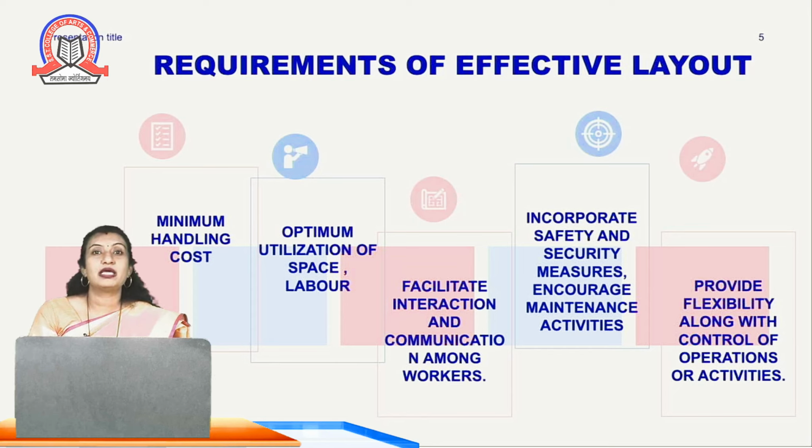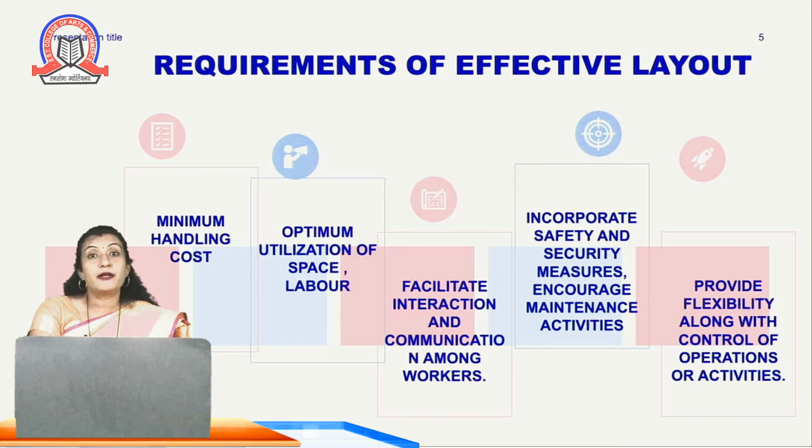In case of any emergency, the workers are able to stop the machineries and see what the problem is. So an effective plant layout should ensure that there is proper interaction and communication among the workers.